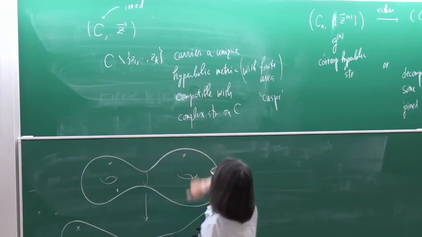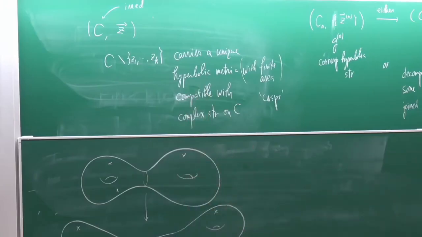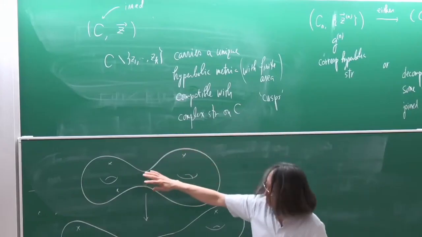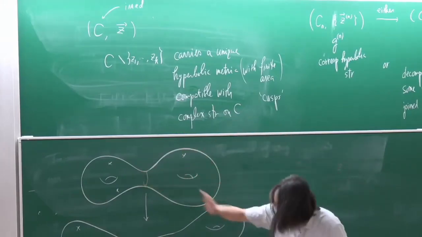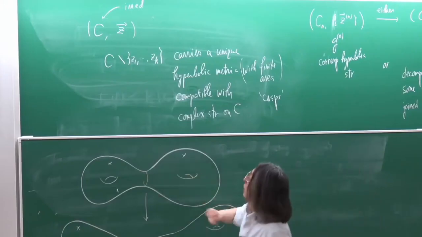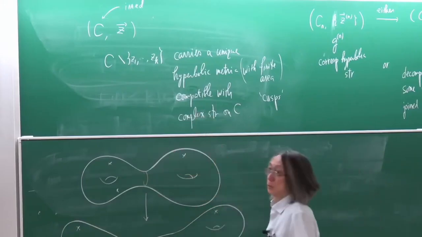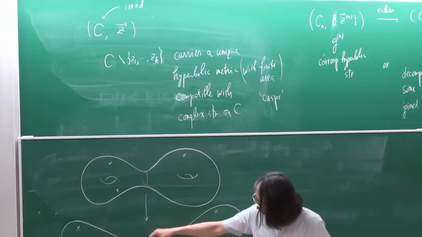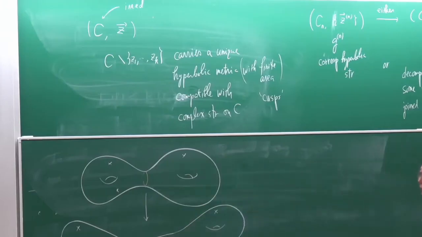And then how does it behave? Either the metric converges to another metric on the same curve, and this limit you can also think of as a stable curve. If it is not the case, then it must develop this sort of phenomenon, and it decomposes into several components.